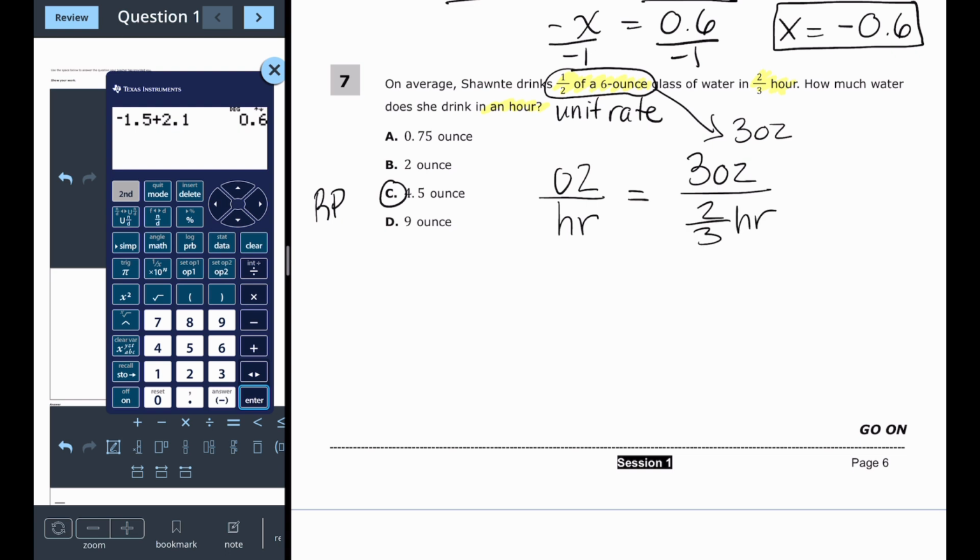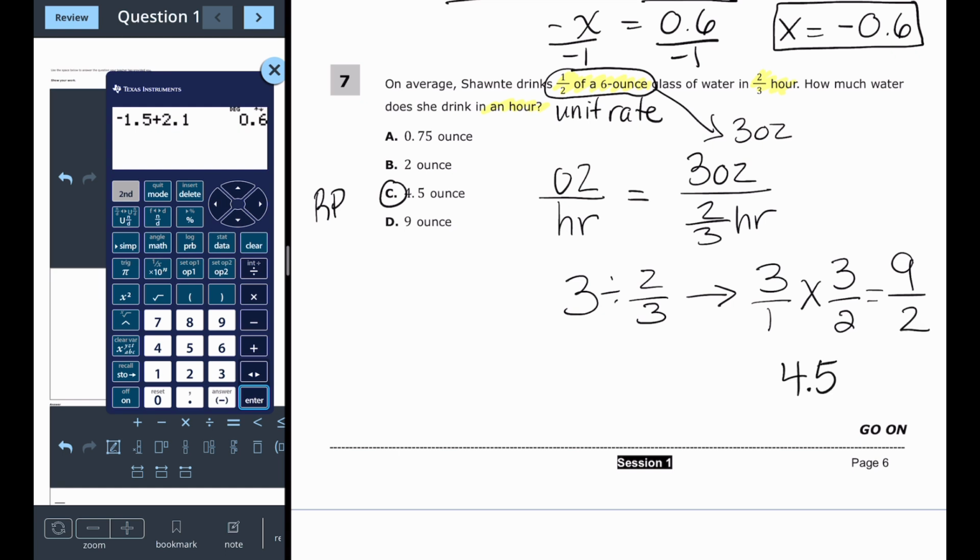I'm going to rewrite that as a division problem. 3 divided by 2/3. And let's turn that into a multiplication problem. 3/1 times 3/2. And that gives us 9/2, which we can solve. 9 divided by 2 is 4.5 ounces per hour. So that's how I got my answer.